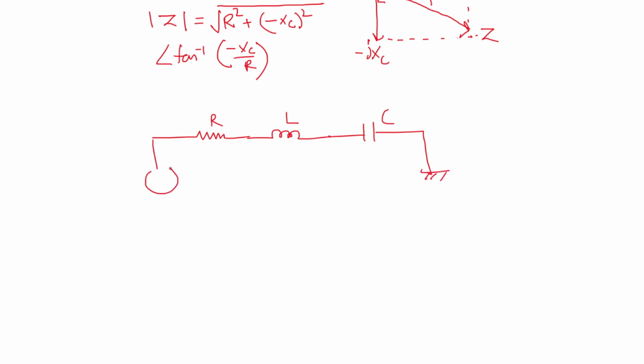A current I is flowing. The voltage drop across the resistance is VR.